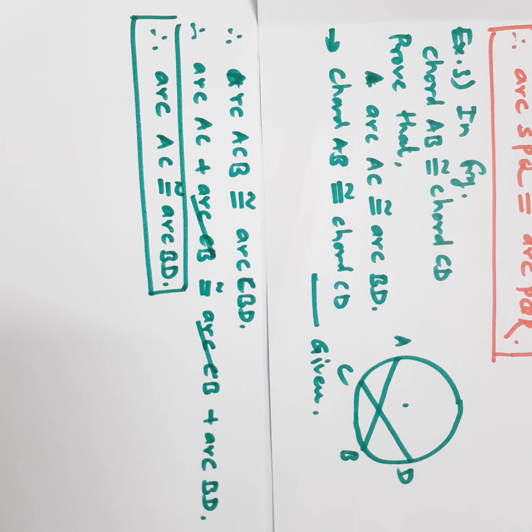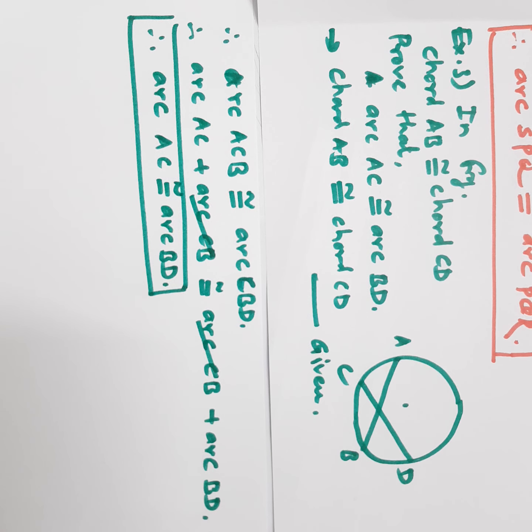In this way we have solved some examples on arcs, their measures, their congruency, and some of the measures of arcs. There are only 3 examples from practice set 3.3.